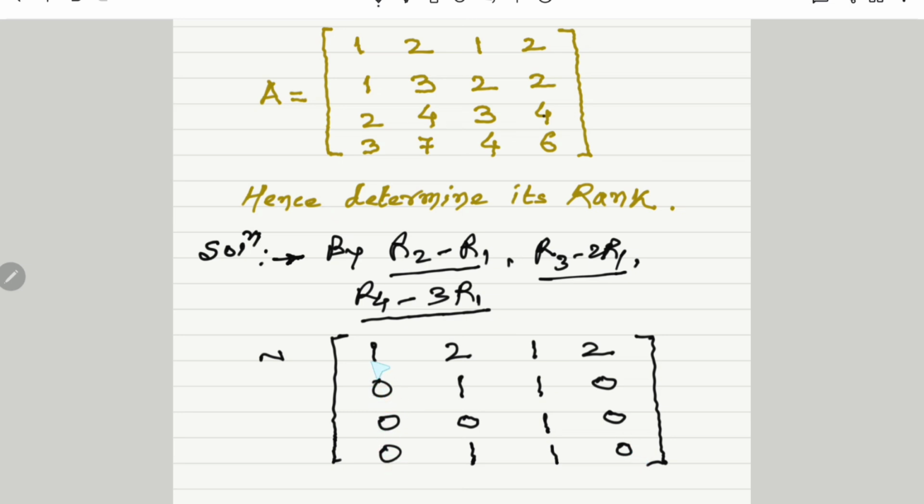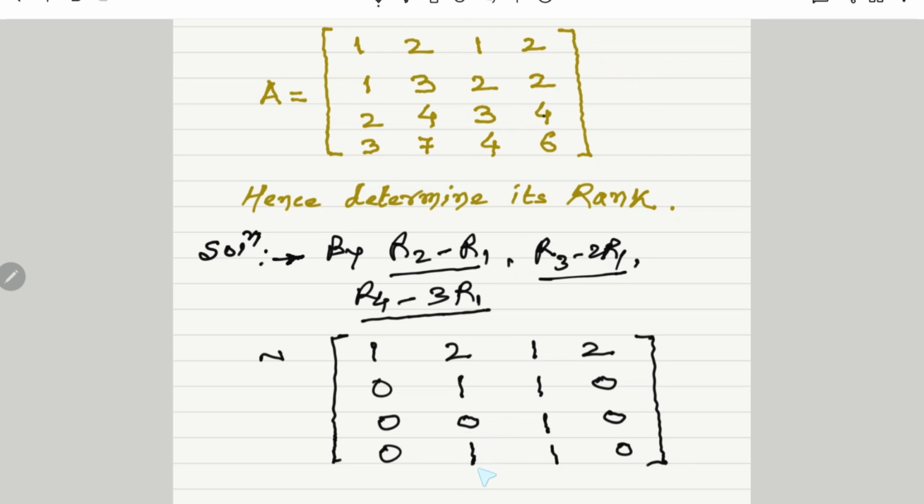First element is converted to 1, already it is 1, and the remaining elements below it I have converted to 0. Then we check the second diagonal element. Here second diagonal element is 1, non-zero, and using that element whatever the elements below it, we convert them to 0. Already the third row one is 0.